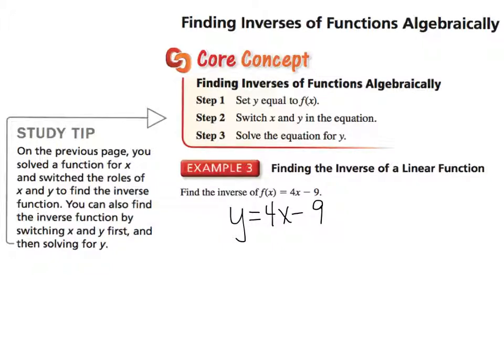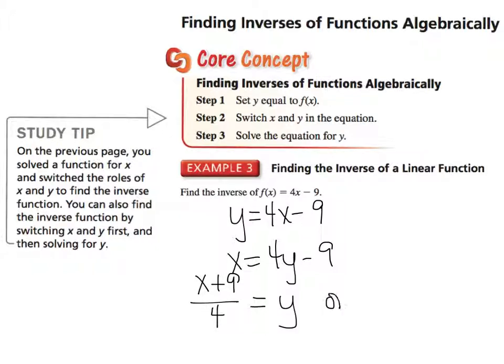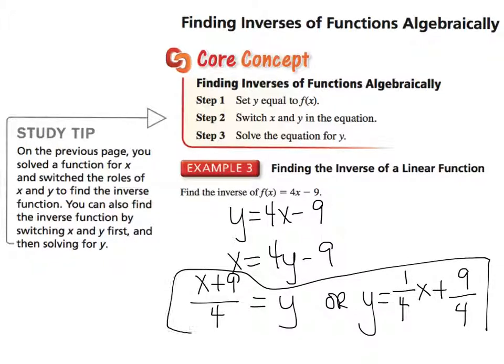Step 2, you switch the x and y around. x equals 4y minus 9. And now you just solve the equation for y. Pretty easy. You add 9, divide by 4. So y would equal (x plus 9) divided by 4. Or you could have y equals 1/4 x plus 9/4. Same thing. Easy. But those are your two equations.